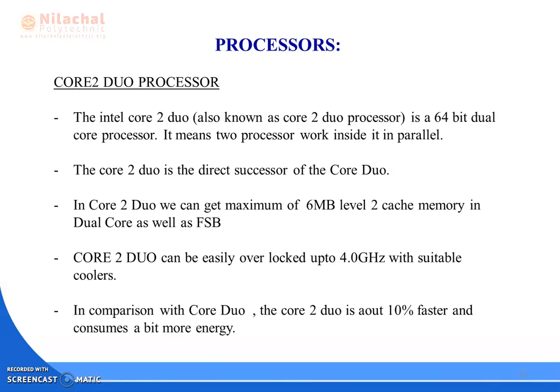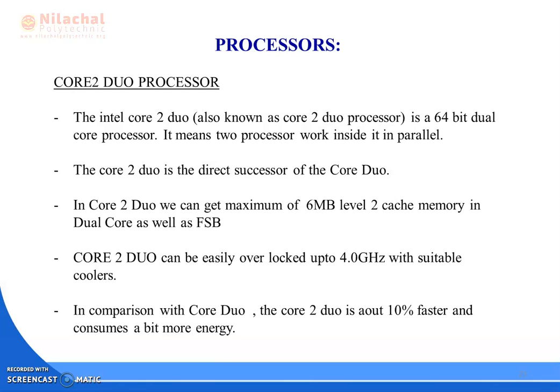We already know that Intel dual core is the first CPU that makes use of two cores in a single die. It solves the problem of overheating without compromising the performance of the system.